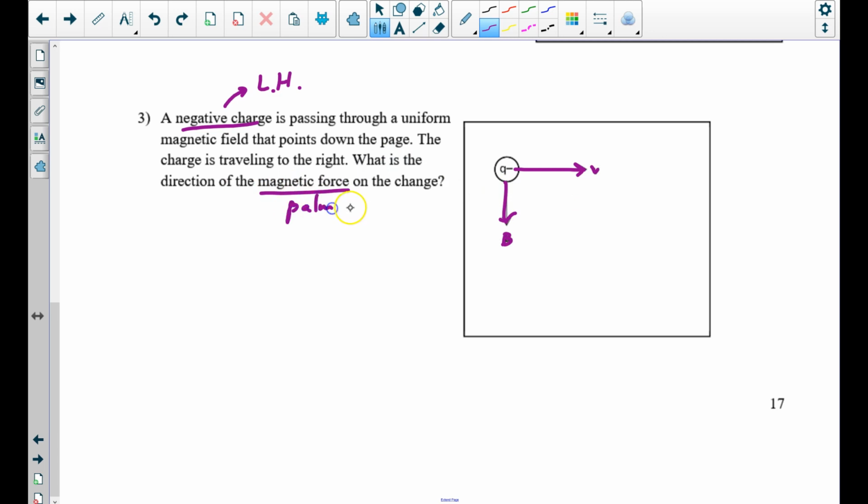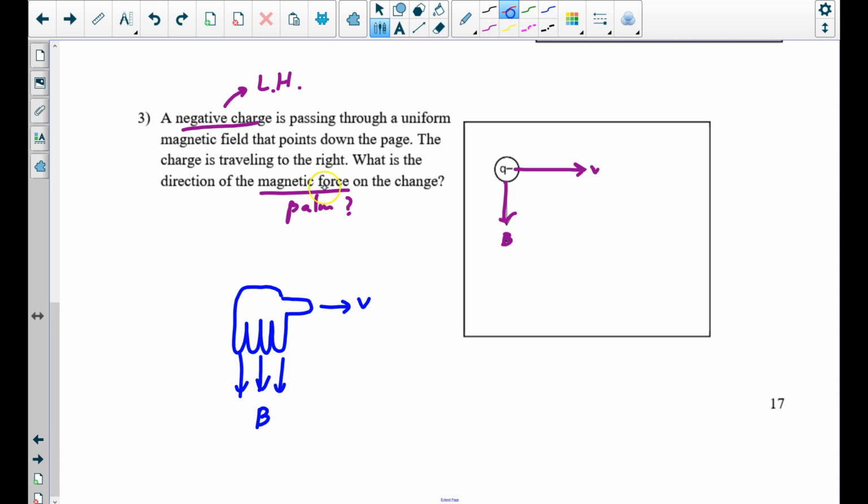The magnetic force is indicated by our palm. So let's draw the picture, and you can use your hand and stick your hand in this orientation. Your thumb, you're using your left hand now, your thumb has to point to the left with the velocity. Your fingers have to point down with the magnetic field.